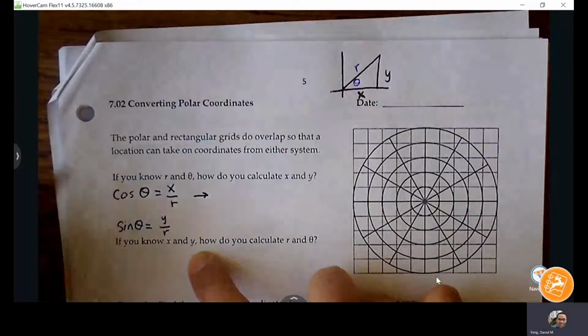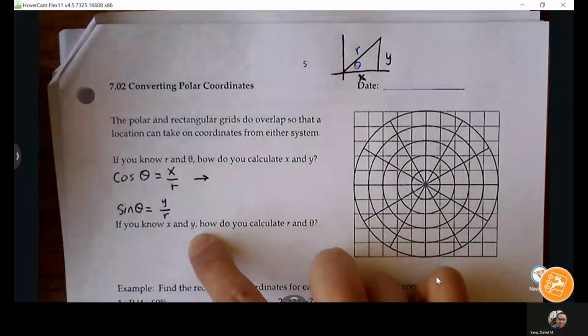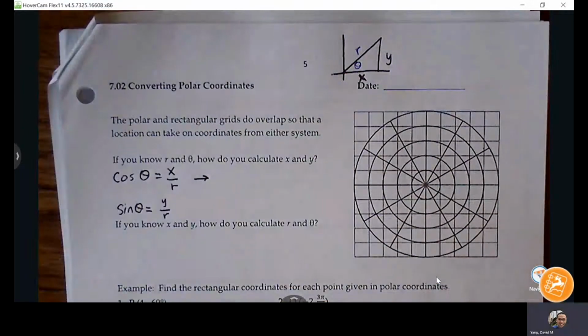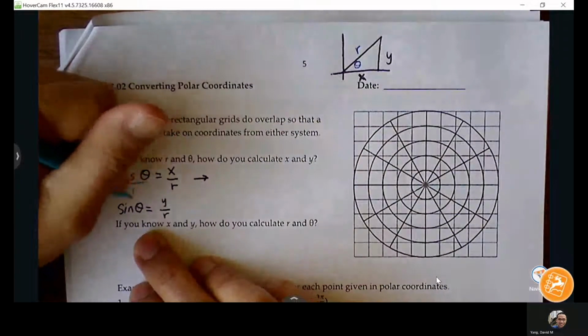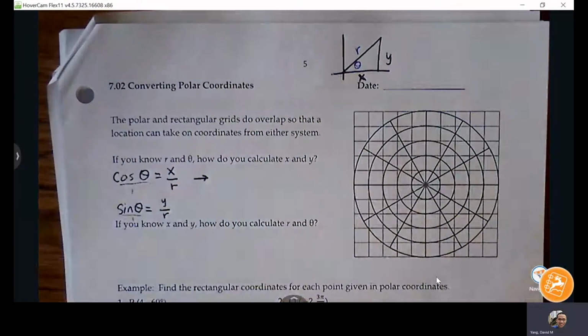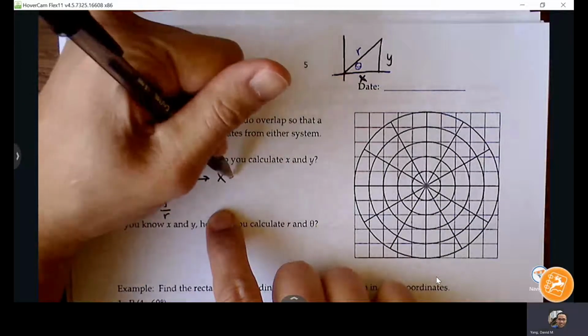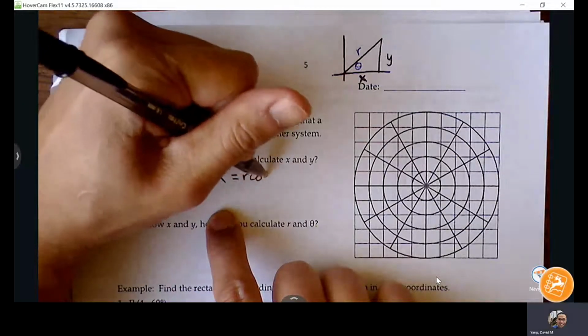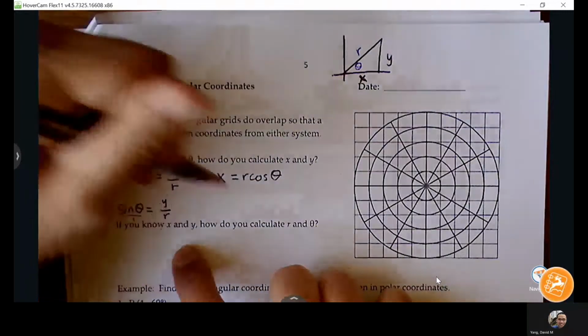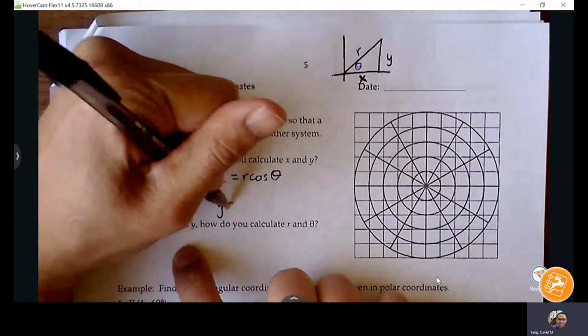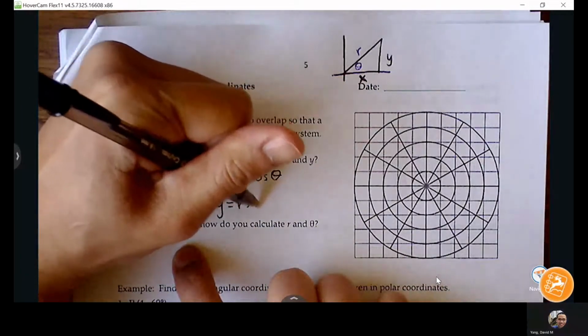Okay. If I want to solve for x, I can cross multiply. So x times 1 is equal to r cosine theta. Y times 1 is equal to r sine theta.